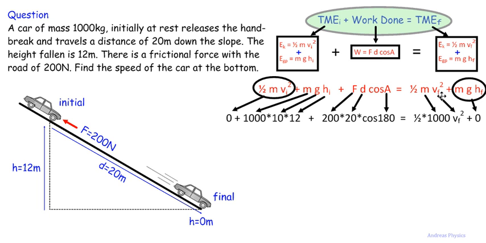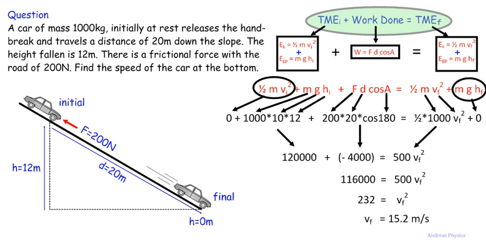Now, we don't know the velocity final squared, and in fact, it's the only unknown in our equation. This is because the gravitational potential energy in the end is taken to be 0 because we have a final reference height of 0 meters.